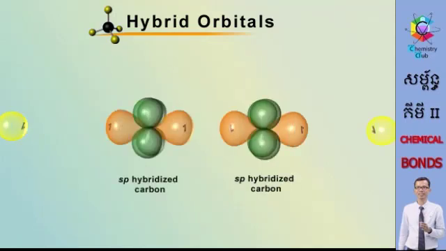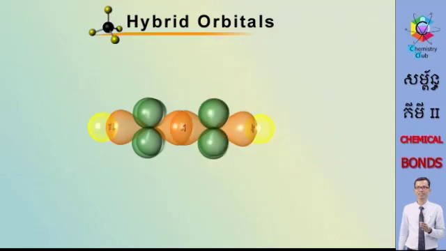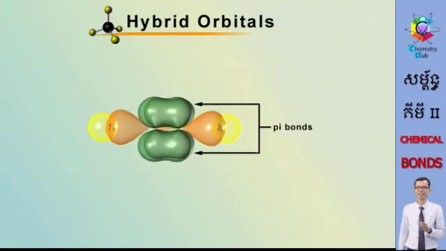Atoms that are sp hybridized have two p orbitals that are perpendicular to each other and mutually perpendicular to the sp orbitals. When an sp hybridized atom forms a sigma bond with another sp hybridized atom, these p orbitals overlap in the same fashion as the p orbital did in the sp2 hybridized atoms, again forming pi bonds.